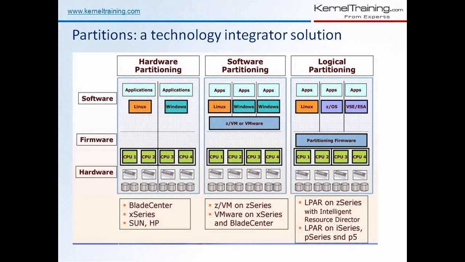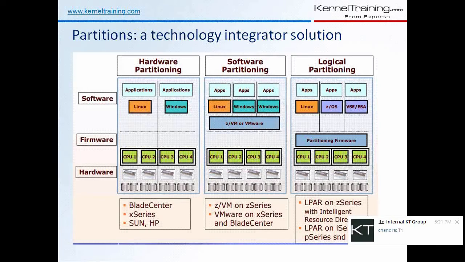IBM is using this technology for logical partitioning, so it is called partition firmware. We can create an LPAR on top of the hypervisor, and my physical resources are allocated individually to the respective LPARs. So this is the partition technology.